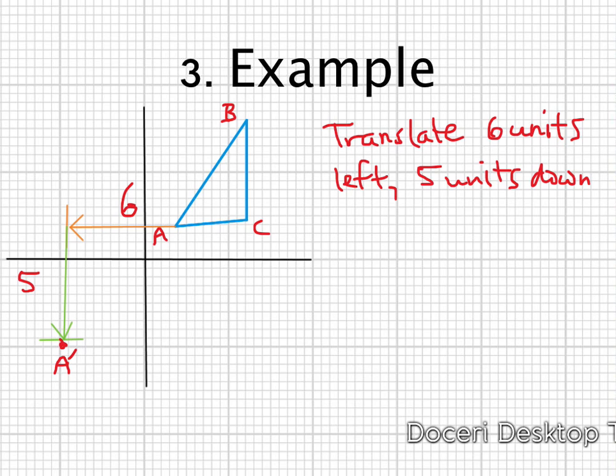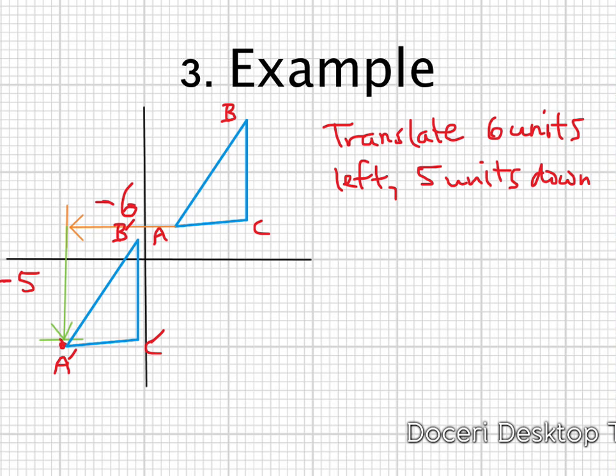I do the same thing with B and C. So when I'm done translating this, my A prime, B prime, C prime would be at this location. 6 units left, 5 units down. Now 6 units left is the same as negative 6 units, and 5 units down is the same as negative 5 units.